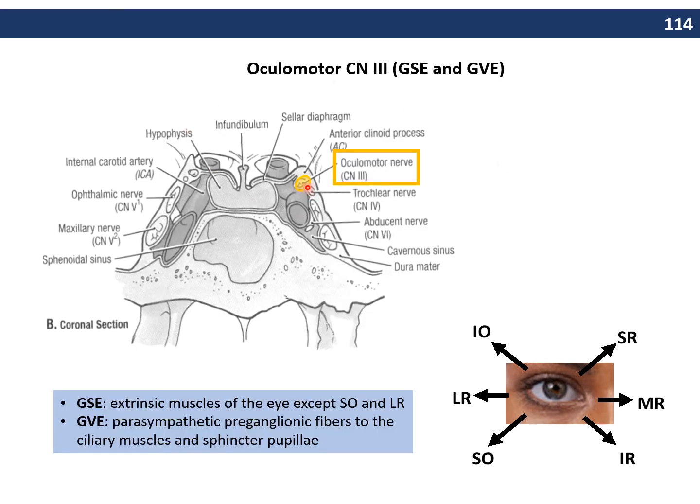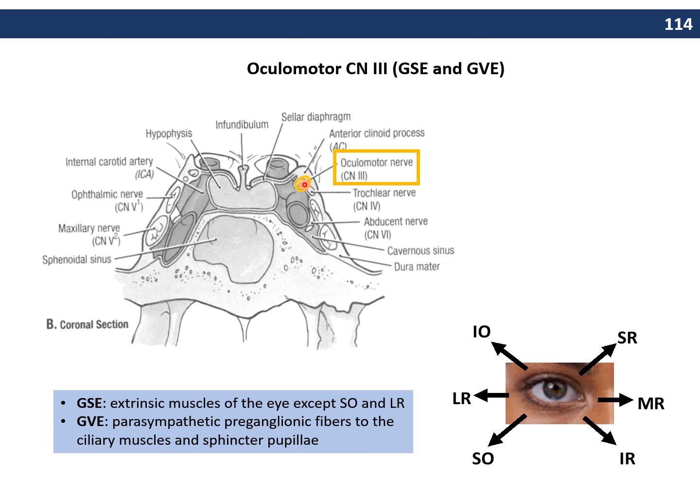Here is oculomotor. Not only does the oculomotor nerve, cranial nerve 3, provide innervation via general somatic efferent fibers to the ocular muscles, with the exception of the superior oblique and lateral rectus, but the oculomotor nerve also carries parasympathetic GVE, general visceral efferent fibers that are associated with it.